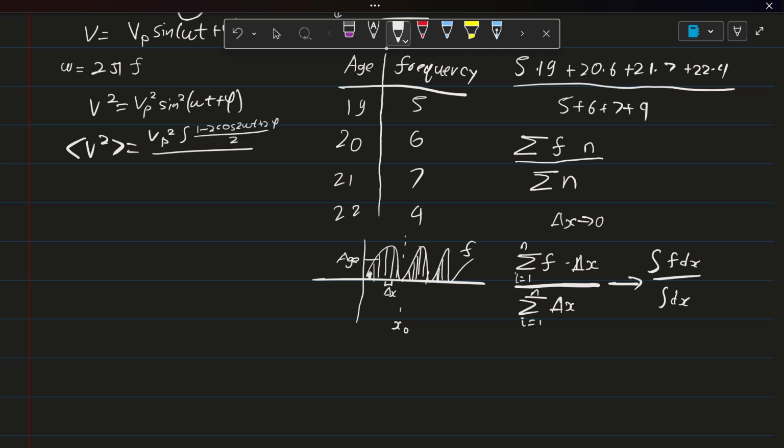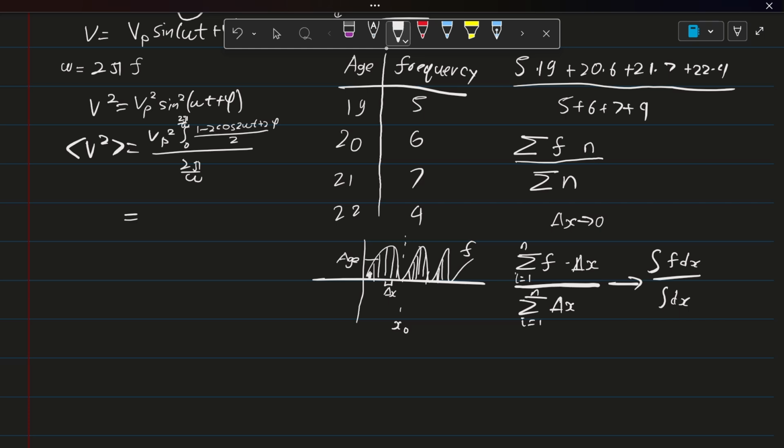Now, because this is a periodic function, we could just state that this limit is from 0 to 2 pi over omega. And why 2 pi over omega exactly? 2 pi over omega represents one cycle. So that's why we use 2 pi over omega.